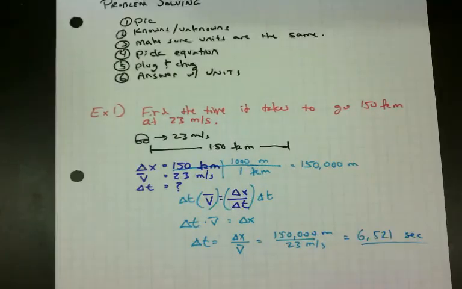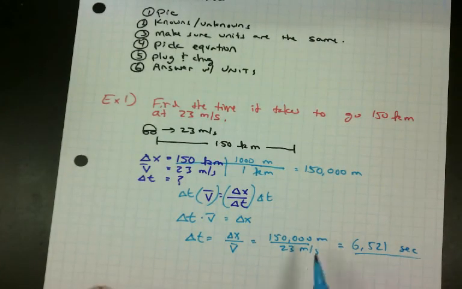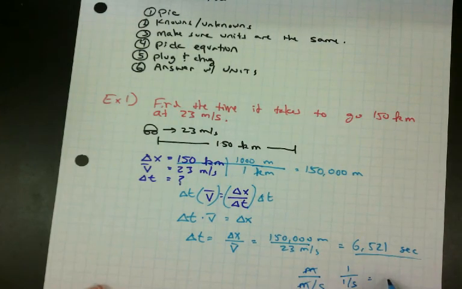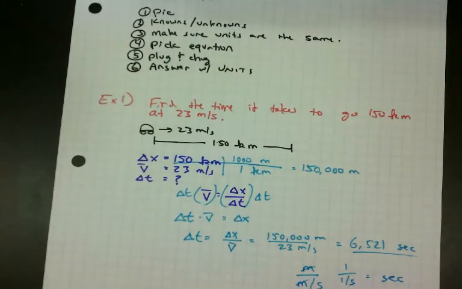And if I wanted to, I could get that into hours or something. But I just want to show you something about the units. If I take a meter divided by a meter per second, watch what happens to the units. The meters cancel, and then I have a 1 divided by a 1 over a second, which is equal to what? A second. So one of the cool things is the units should always work out.